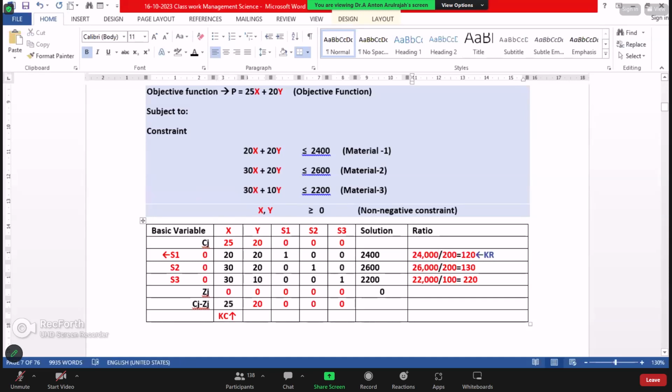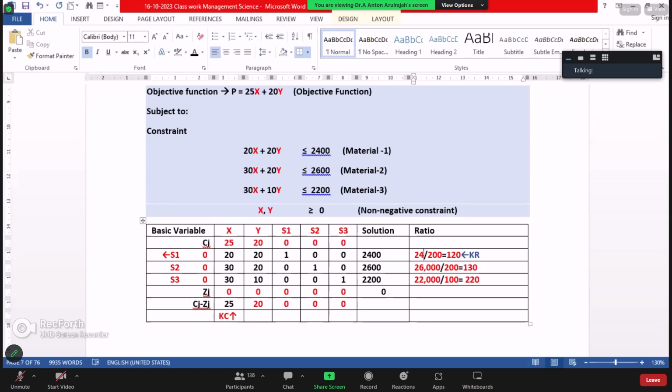So in the ratio, 2,200 has to be divided by 20, 2,600 has to be divided by 30, and 2,200 has to be divided by 10.